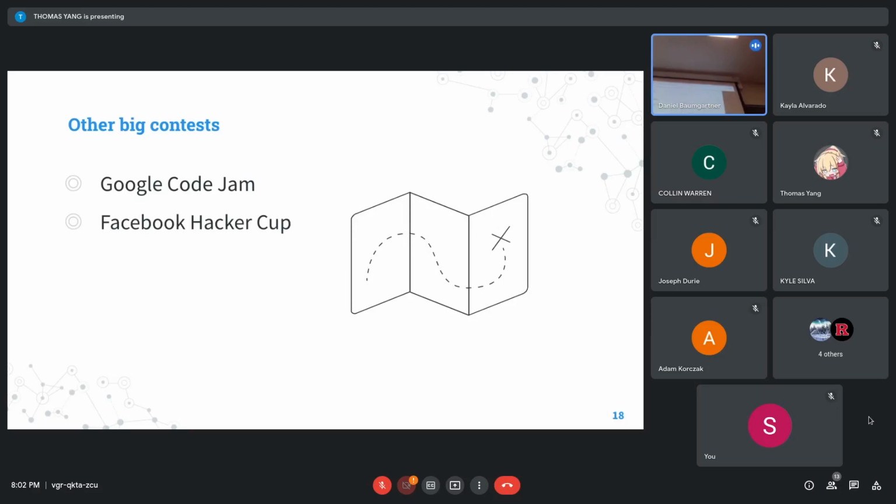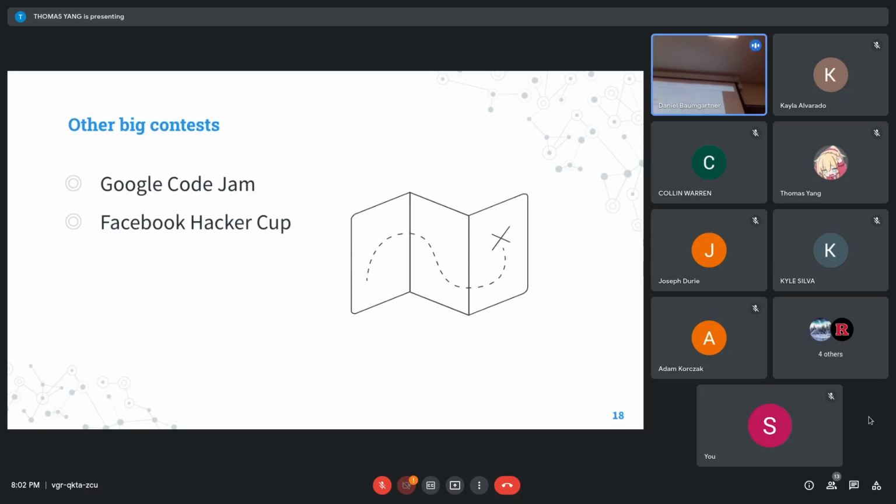Now, ICPC is not the only contest that occurs. There is a yearly set that big companies do. Google has a Code Jam. Facebook has its Hacker Cup, which is actually an ongoing event.